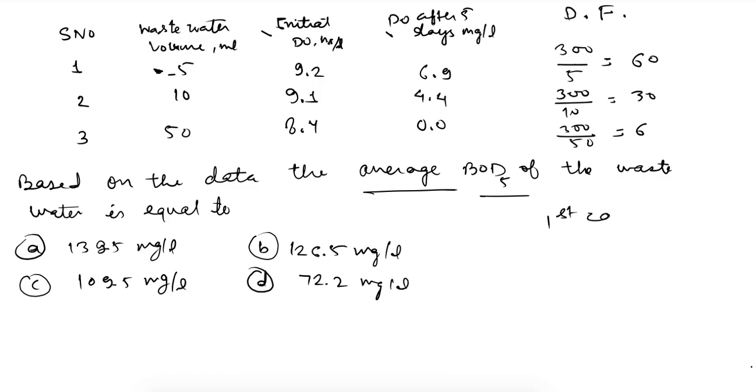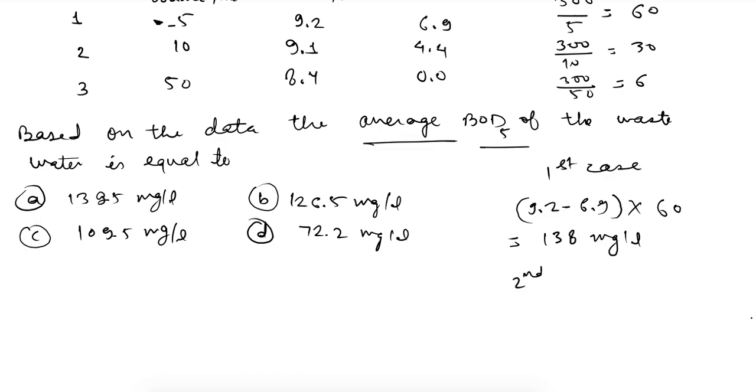So for first case it is equal to 9.2 minus 6.9 multiplied by dilution factor. So dilution factor is 60 in the first case, and if you solve this it is equal to 138 milligrams per liter.